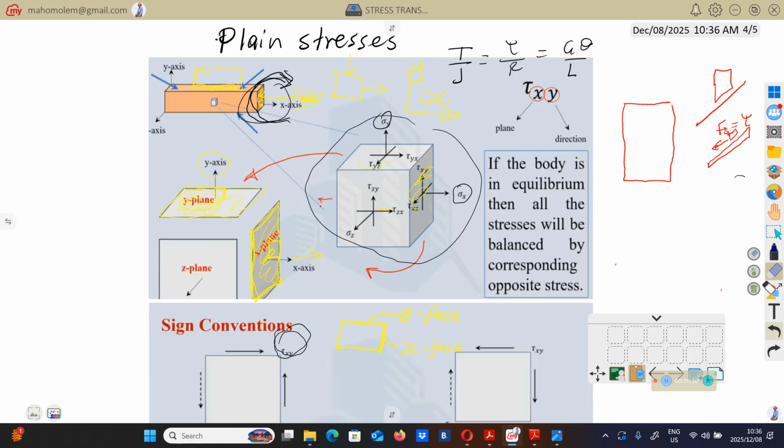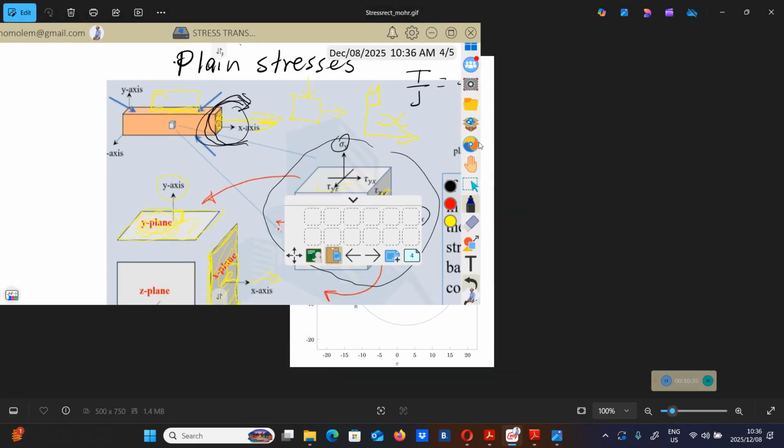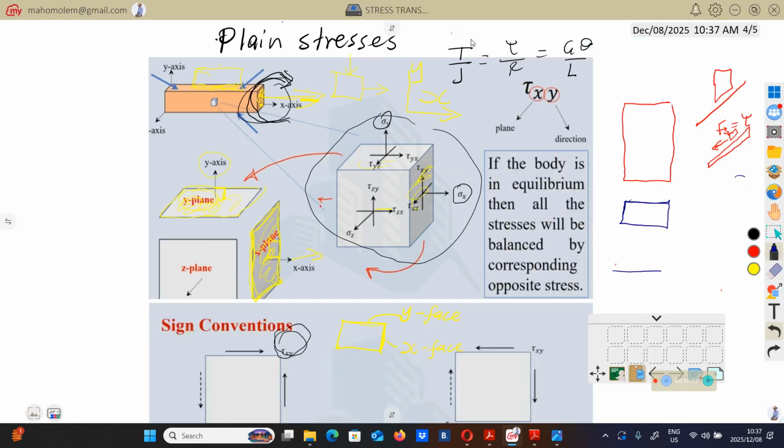Let's say the roof of your house is plain like this. If it's plain like that, then we're going to say that the plane is horizontal. I remember I said that here we're going to talk about plane stresses.